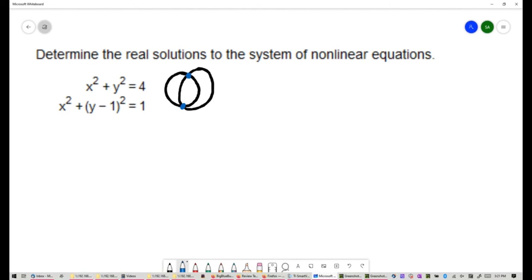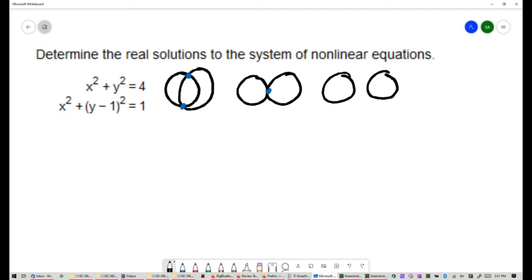Trying to think if there's a way I can draw 2 circles and get 4 solutions. I don't think so. I know we can get 1 solution. And we can get no solution. So when solving this, we could use substitution or elimination.